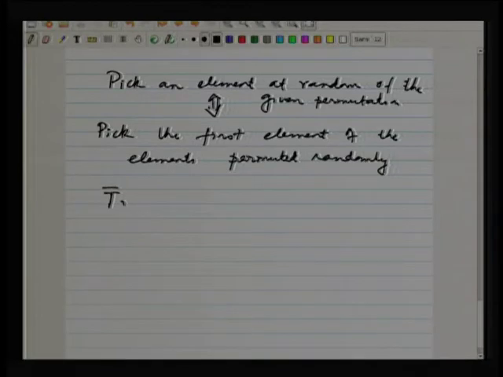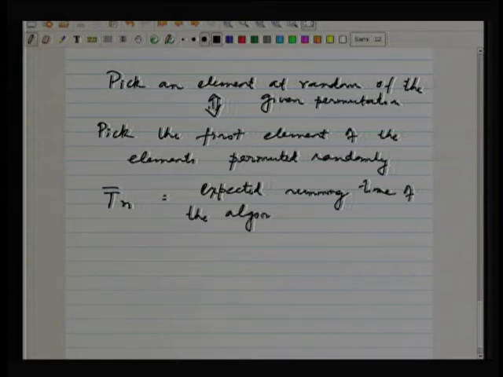So, I can capture everything by this analysis: the expected running time, where the expectation is over the random permutation. T bar n is the expected running time of the algorithm over the choice of the random permutation.